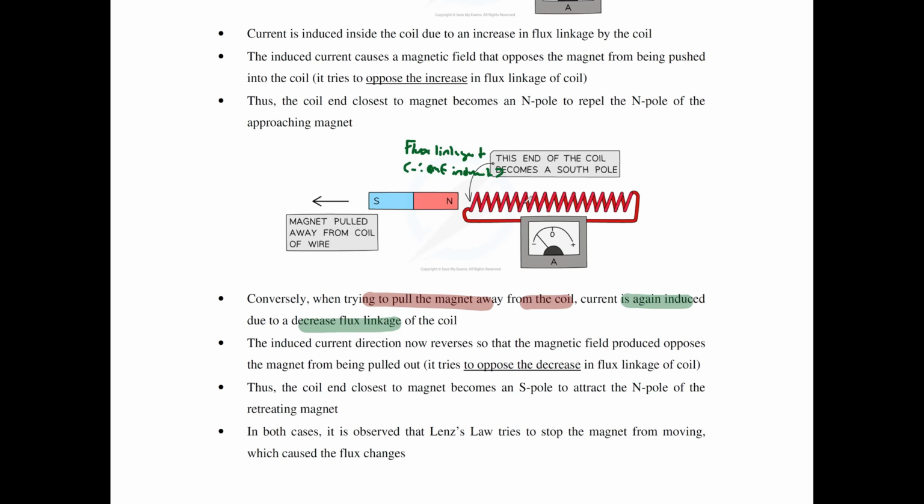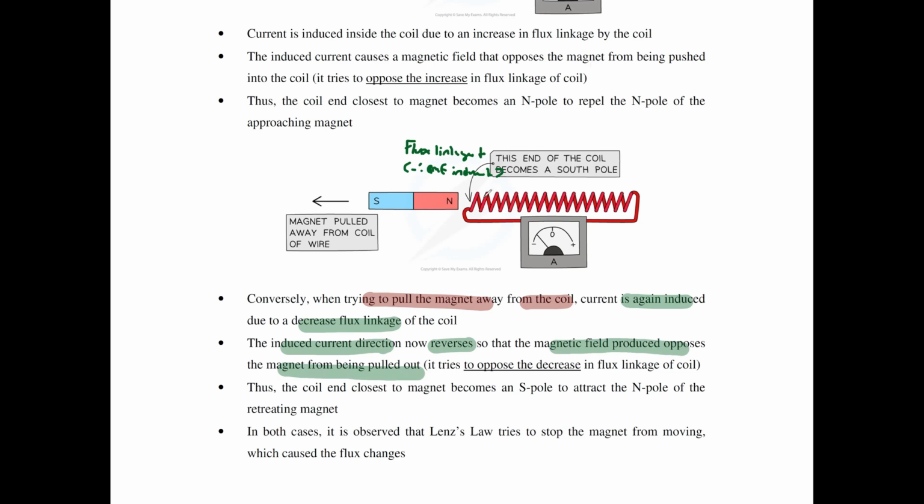But the direction of induced current inside a solenoid now still needs to obey Lenz's law. So here, your induced current direction, when compared to the first diagram, will reverse so that this time the magnetic field produced opposes the magnet from being pulled out. So now you have an induced current flowing inside a solenoid.